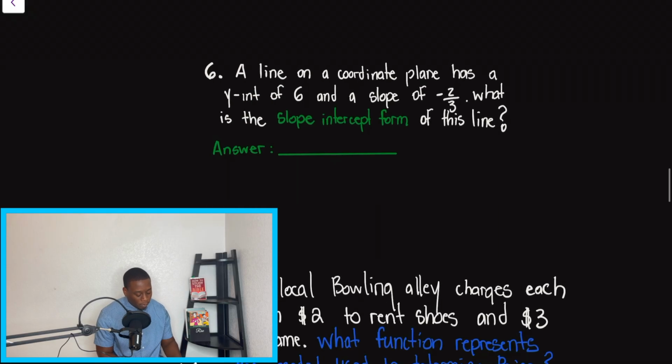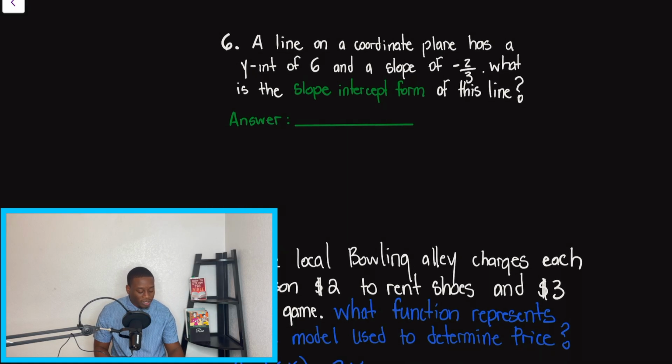Okay. So now we're going to go over the slope. And this is going to be a fill in the blank question. What they say to us is a line on a coordinate plane has a y intercept of 6, and a slope of -2/3. And then it says, what is the slope intercept form of this line?